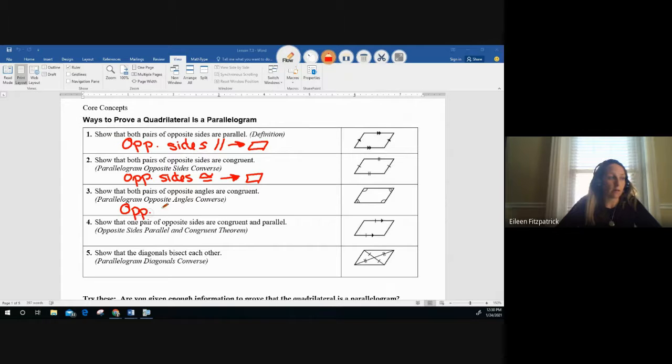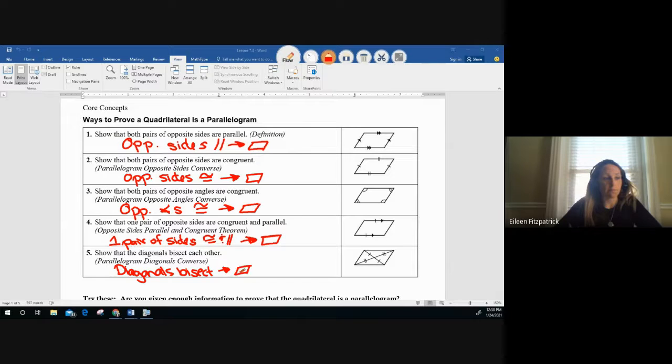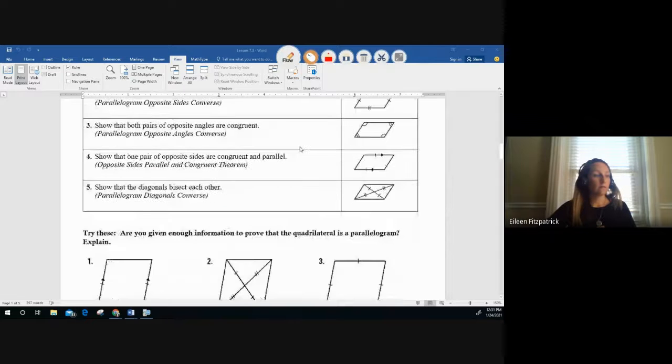So opposite angles congruent implies a parallelogram. You can show that one pair of sides is both congruent and parallel. So one pair of sides congruent and parallel implies parallelogram. And finally, diagonals bisect each other implies a parallelogram. Diagonals bisect implies parallelogram. Okay. So let's use that information down here.